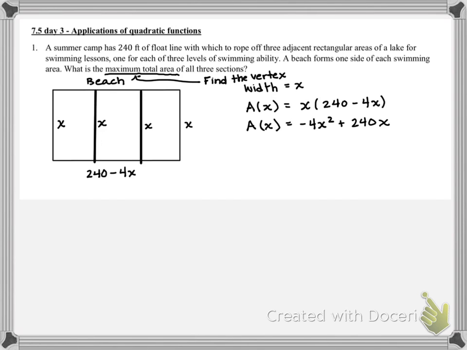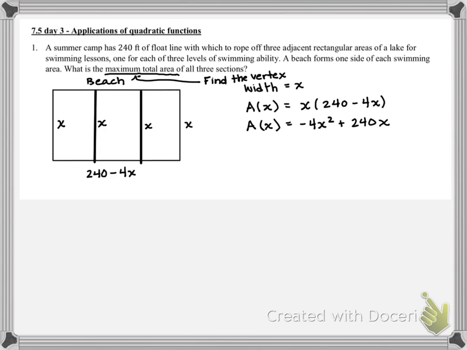So if I give you a function that opens up and ask you for the minimum, then you're finding the vertex exactly the same way as if the function opens down and you find the maximum. We're never going to give you a function that opens up and ask for the maximum because there is no maximum, right? So the process is no different to minimize a quadratic than it is to maximize it. The function itself just determines which one the vertex is.